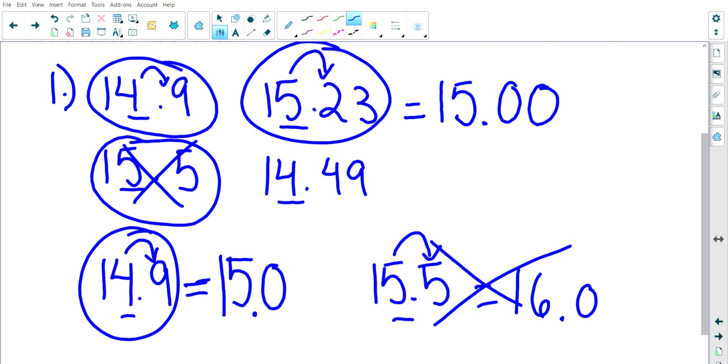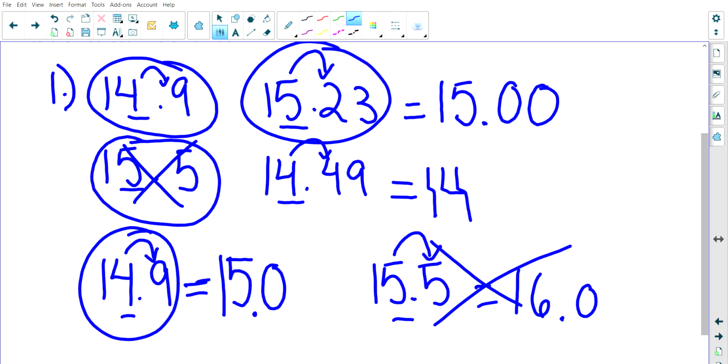Okay, 14.49, last one for number 1. We're going to underline our rounding digit, which is the ones place. We're going to look to the right of the rounding digit. If that number is 5 or more, our rounding digit soars. If it's 4 or less, our rounding digit rests. In this case, it's 4 or less, so we copy everything before the rounding digit. Oop, I'm at that curvy part of the notebook page. Sorry, friends. Our 4 stays a 4, and everything behind it turns into a 0.